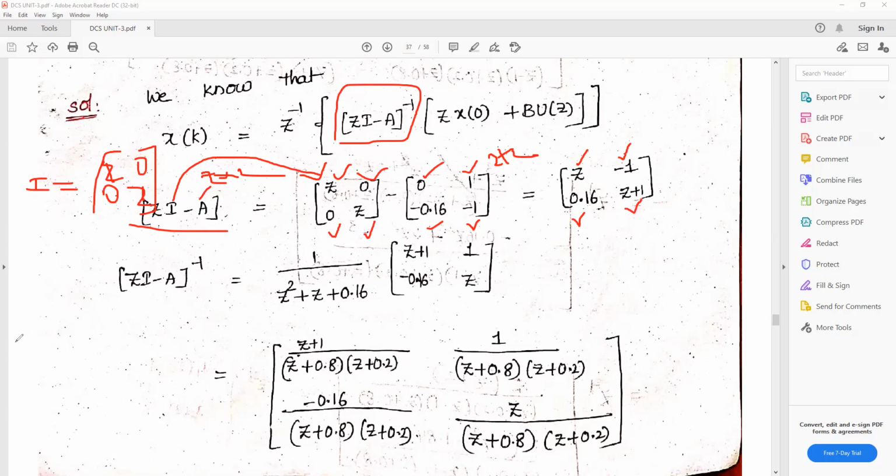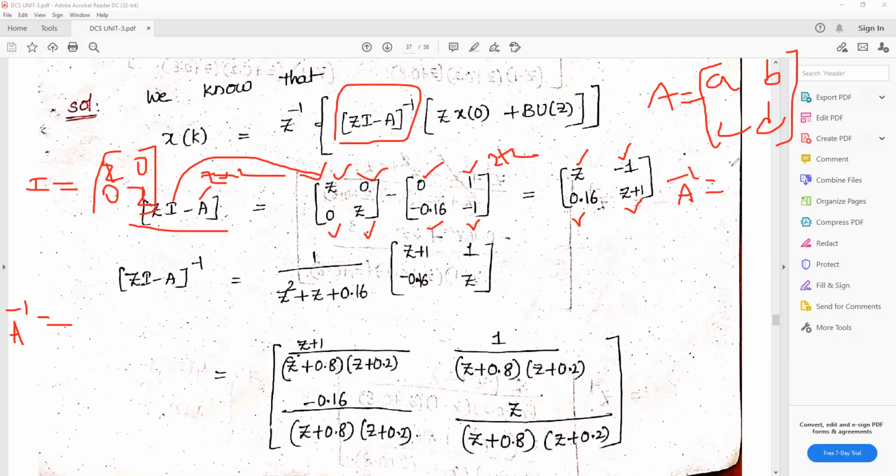So calculating (zI minus A) whole inverse. For a 2 by 2 matrix with entries A, B, C, D, what is the inverse?